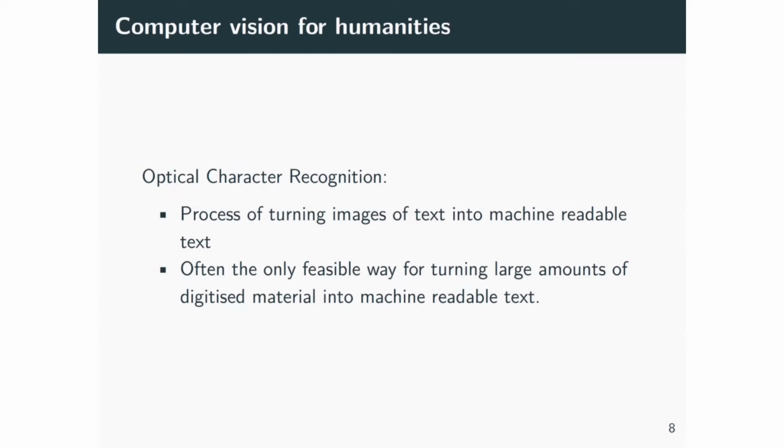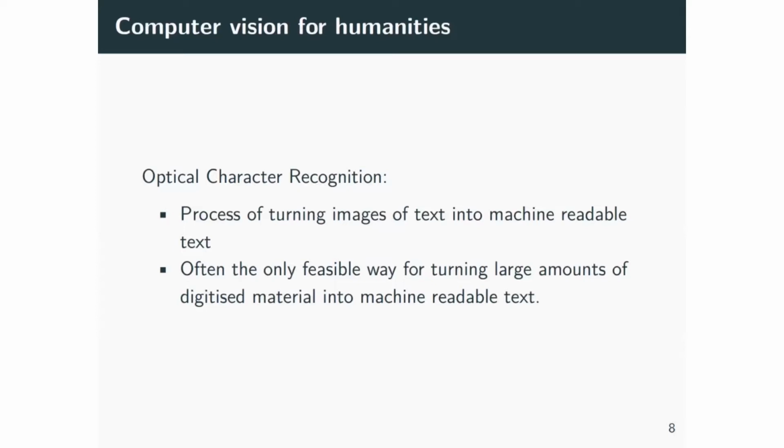And in the context of libraries, this is often the way in which large collections are made available in a machine readable format, because manually typing in all of that text would just be impossible to do at scale.